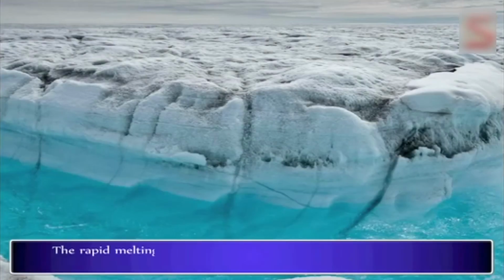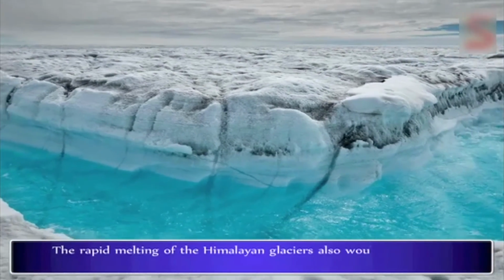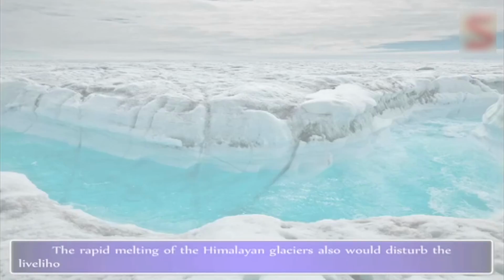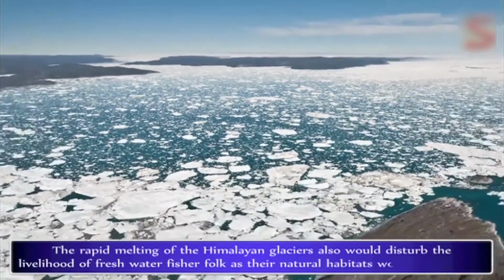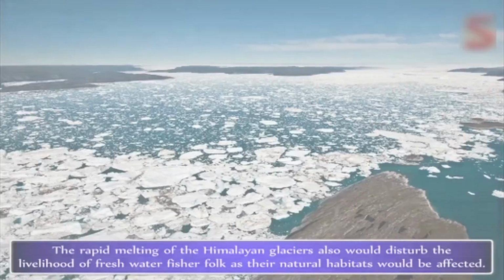The rapid melting of the Himalayan glaciers also would disturb the livelihood of freshwater fisher folks, as their natural habitats would be affected. So, from this, we can understand that climate change happens at a global level and impacts all of us. So, students, this is how the climate and weather form an important element of influence of our lives.